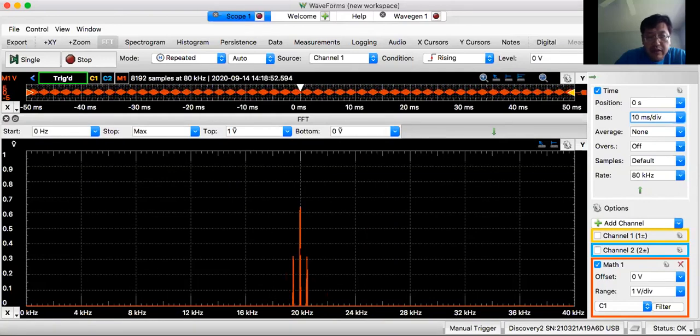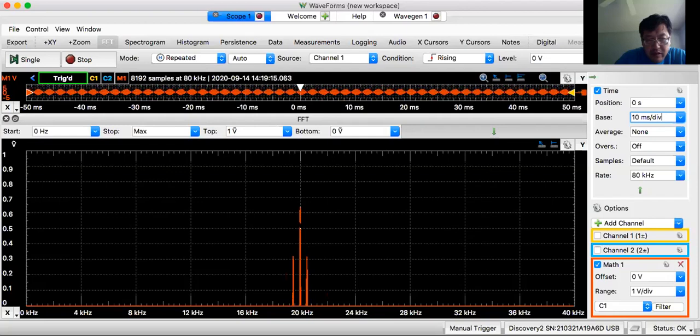Everything else is the same. The original carrier is still at 20K. So the carrier never changed, it's 20K. The upper side will be the carrier plus the modulating frequency, which is 500. 20K plus 500, so right now we have 20.5K.